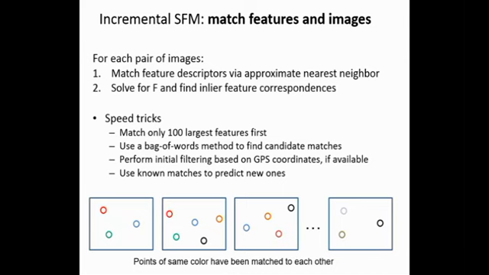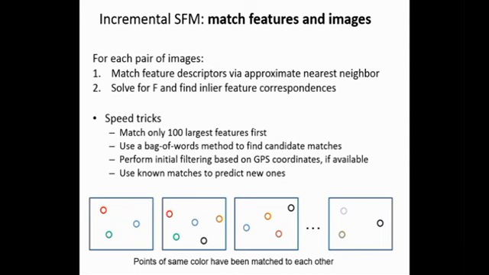But then there's a lot of other tricks. One thing that was proposed by Wu in VisualSFM is that you only match the largest SIFT points first. By largest, I mean that they have the highest scale. He found that usually if images match, then the large key points will match more reliably because they're less sensitive to noise since they're lower resolution.